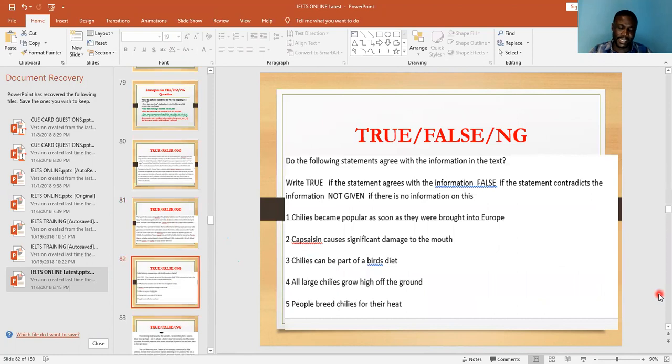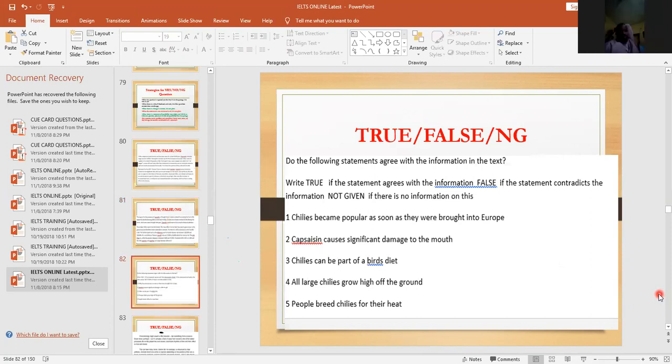It is not saying it is directly mentioned in the passage. What it's saying is, can this happen according to the passage? So you have to make a reference. It is not asking did it happen, but can it happen. These are part of the technical side of yes, no, true, false, not given.